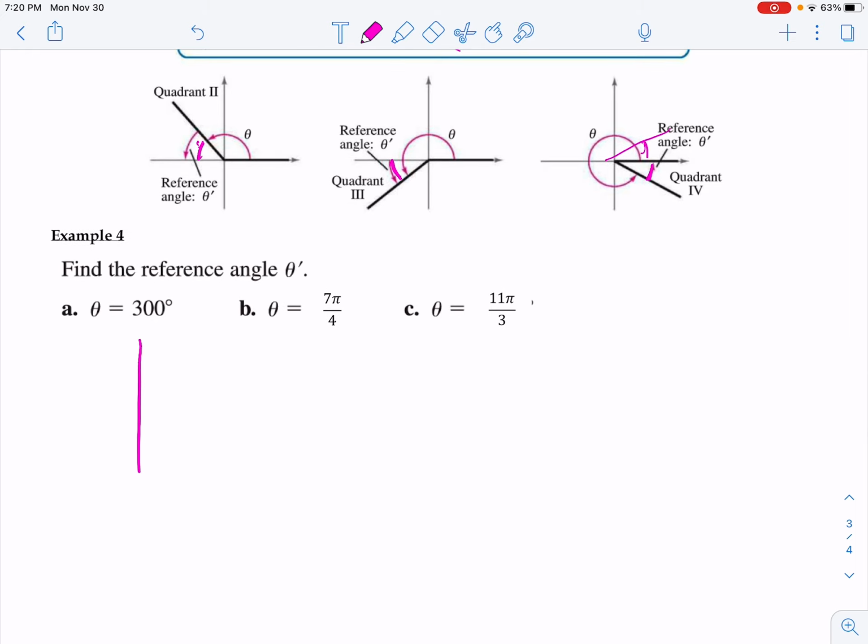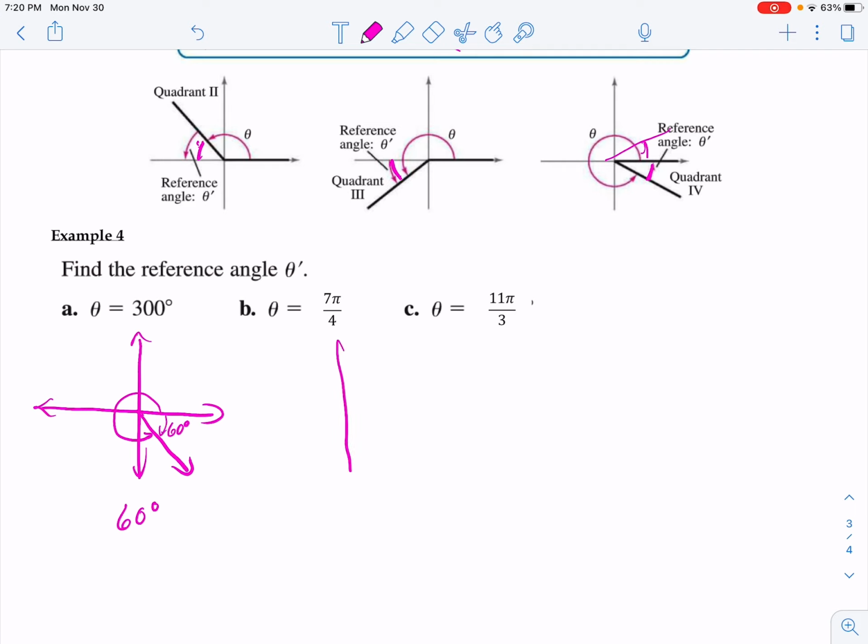Okay? So your reference angle, 300 degrees. Well, where's 300 degrees? To here. What's left here is 60 degrees. So my reference angle is 60 degrees. It's not positive or negative, it's just 60 degrees away from the horizontal.